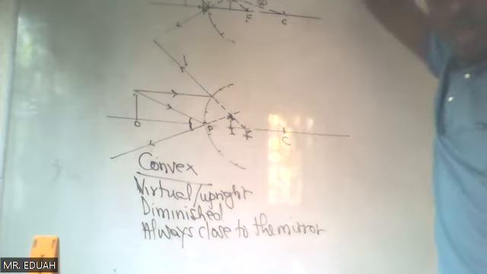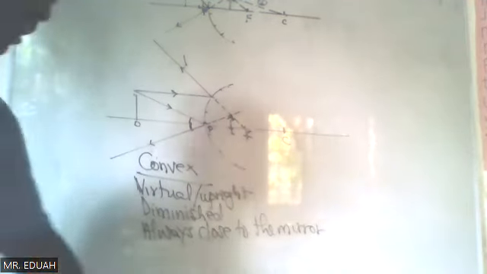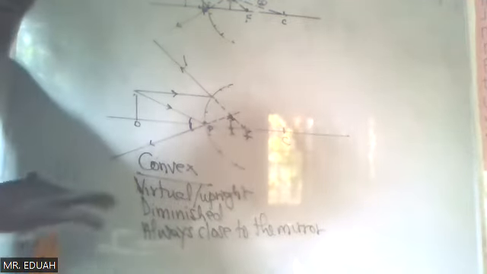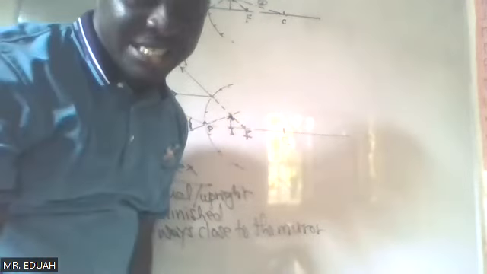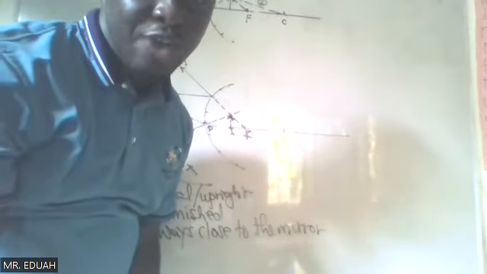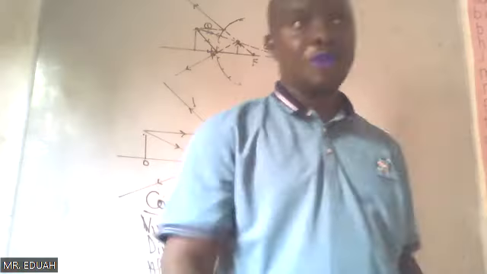Any other question? So for a convex mirror, we always have the same characteristics, no matter where you place the object. Give me a minute to go for a commercial break.